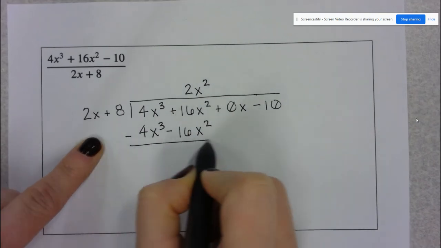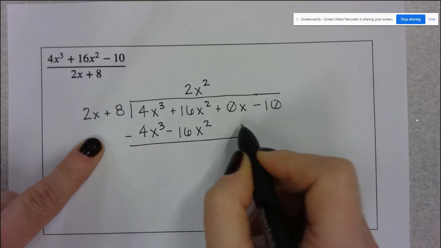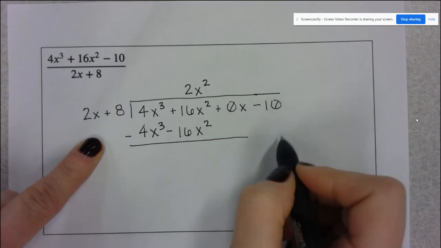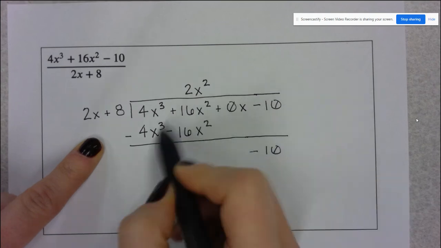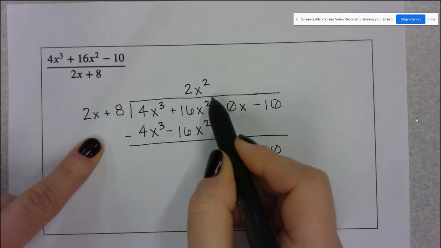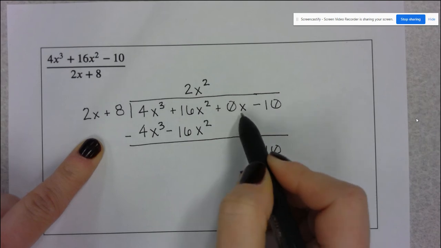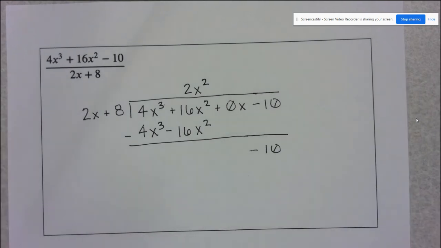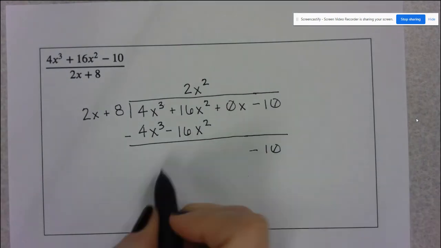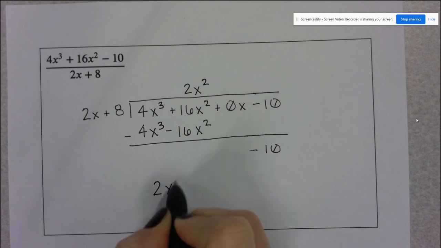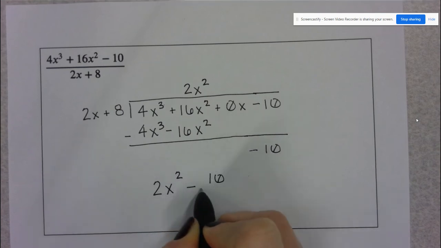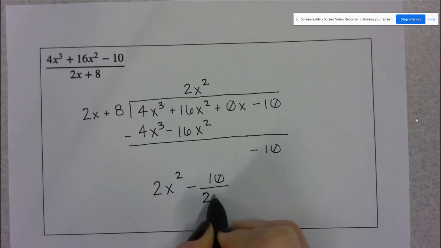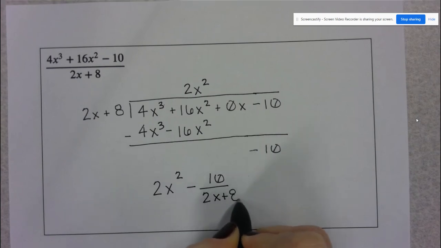Subtracting this here is going to leave me with only negative 10, because this will be 0, this will be 0, and I have 0x, so that's actually not helpful in this case. So my answer here would be 2x squared minus 10 divided by 2x plus 8.